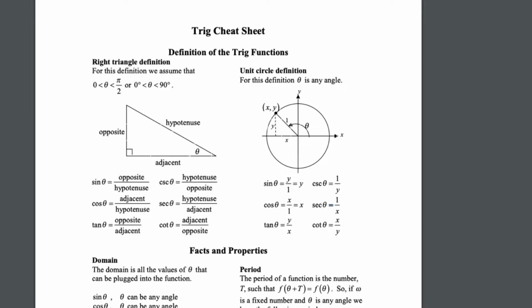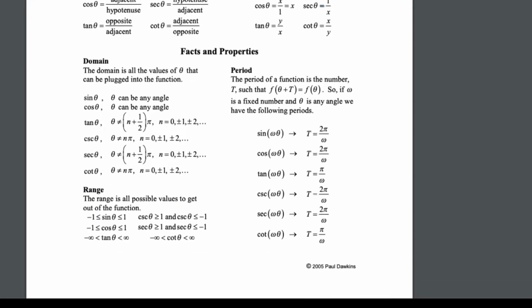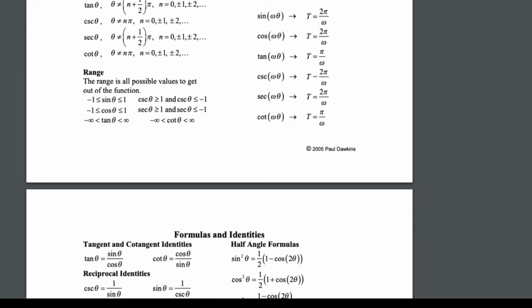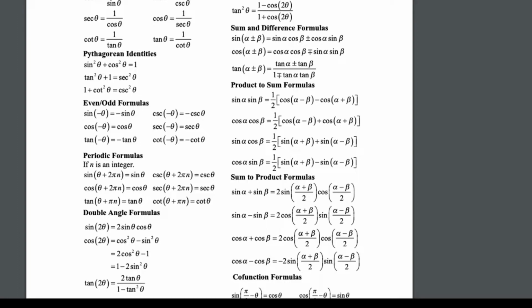I guess we've been studying trigonometry, right? You see what I'm saying? We've been actually studying the course. So you already know about some of these things so far. And as you scroll down, we're going to learn more things, not today, but look at this formula and identity sheet.